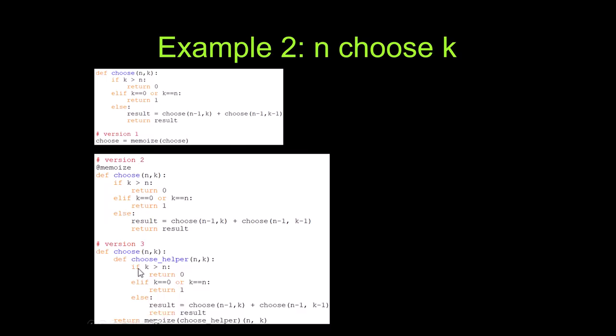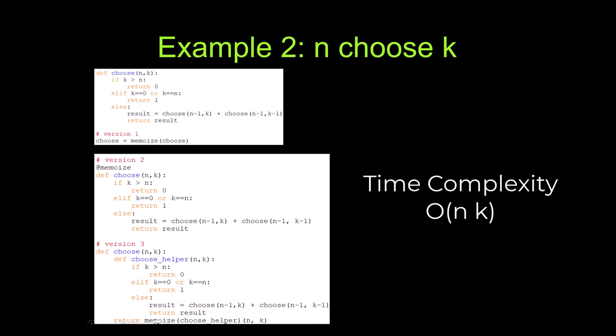For the third version, we indent our original code to become our helper function, and we call the helper function with the memoir. The time complexity is n times k, the same as what we saw in the previous video.